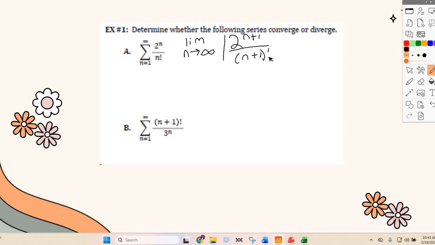Okay. And then what are we doing? Dividing by the original a sub n. Cool, which is the same thing as, so I'm going to have my n factorial on top. This makes it a little bit easier because it's not so big. Do we notice why this might be helpful?